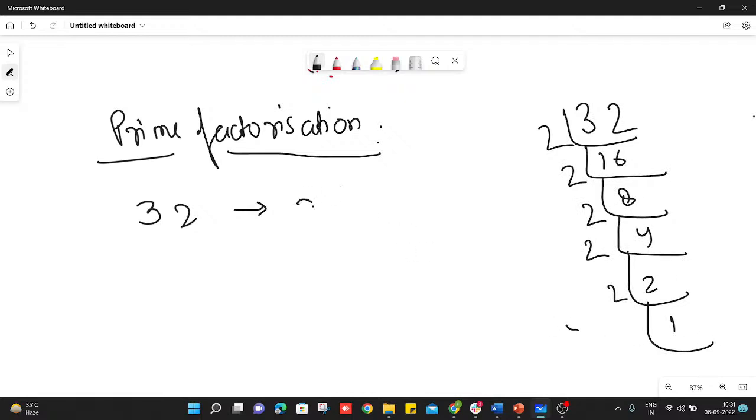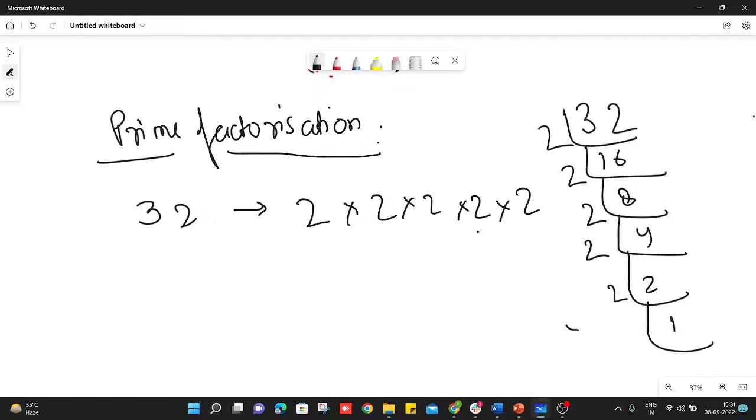So the prime factorization of 32 is 2 times 2 times 2 times 2 times 2, or we can also say 2 to the power of 5, when we talk about powers and exponents.